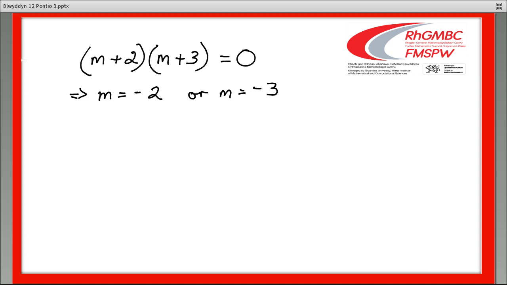So the solution that we will write down of that first equation, y double dash plus 5y dash plus 6y equals 0, will be, so therefore, y equals some constant a times e to the power of the first m, minus 2x, plus another constant b times e to the power of minus 3x.